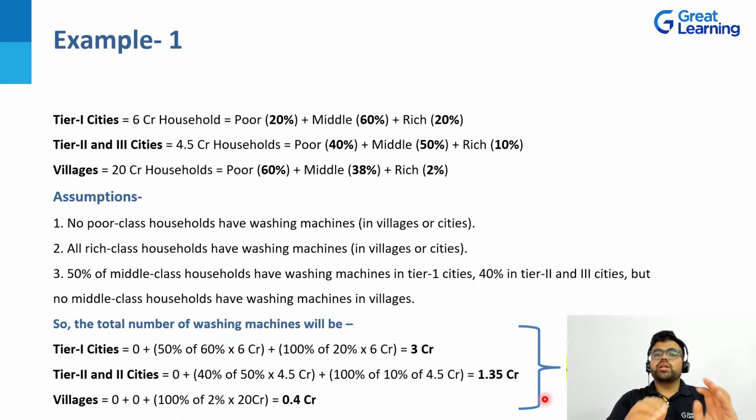Now you don't have to get into too much detail while solving this. You don't have to consider, okay, what if rich have two washing machines? What if some of the middle class have two washing machines? No, you don't have to consider any of that scenario. You just have to consider these three scenarios. Now, there can be other factors also that you are neglecting. For example, there are certain laundry centers, certain clothes washing centers, right?